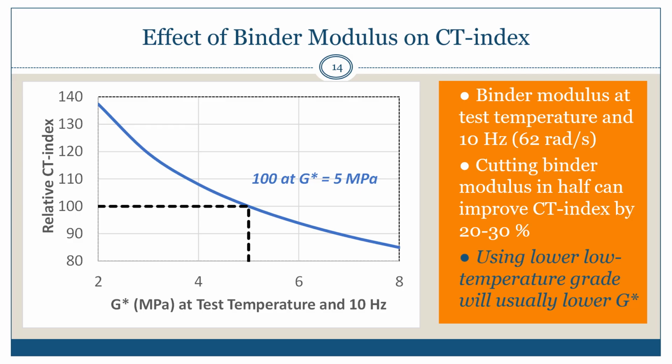For instance, by cutting the binder modulus in half, we can improve the CT index by 20 to 30%. Now, if you want a significantly lower binder modulus, this is often going to mean using a lower low temperature grade. It's probably the best way to ensure an improved cracking performance in the CT index or other tests. Simply use a lower low temperature grade.